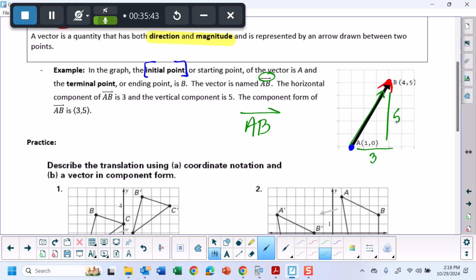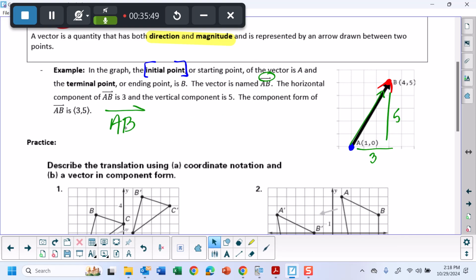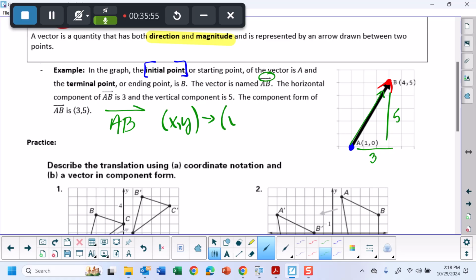If I want to write the coordinate notation of vector AB, I would say the coordinates x and y are translated such that x is added to 3 and y is added to 5. We love shortcuts in mathematics, so instead we can use our chompers and say vector notation is <3, 5>.